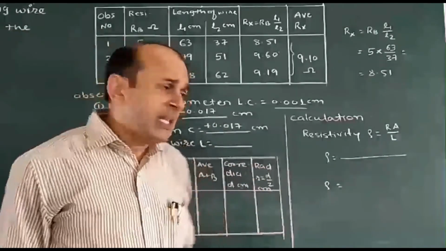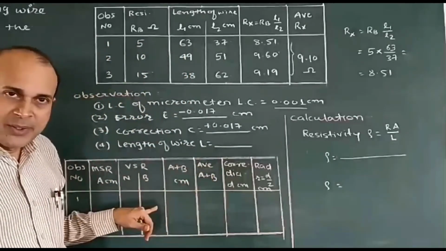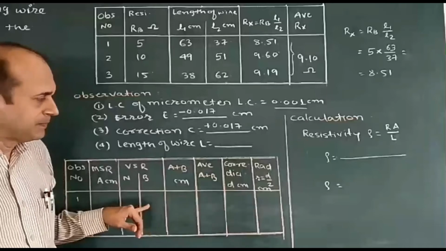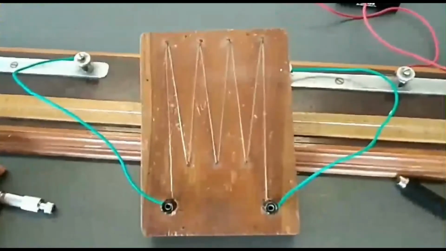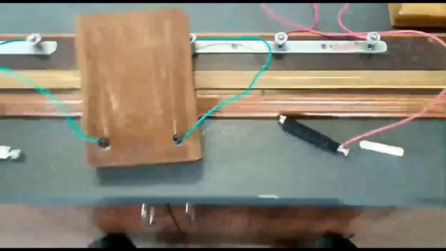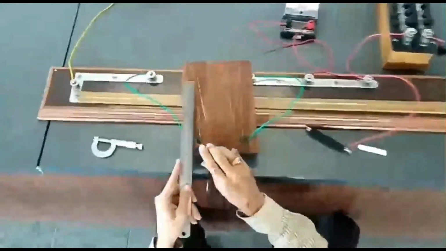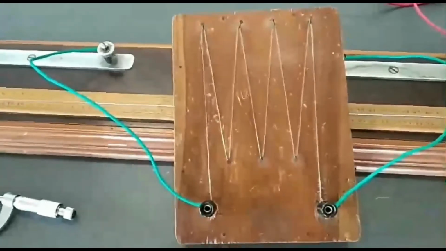Now let me measure the length of the wire and the radius of the wire. Let me measure the length of this wire and the cross section area of this wire. So first let me measure the length of this part. The length of this part is equal to 15 centimeter.